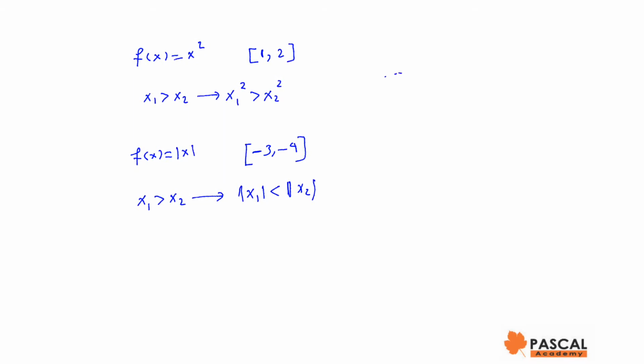If we look at the graph of these two functions, the graph of f of x equals x squared, when x is between 1 and 2, the function is increasing.